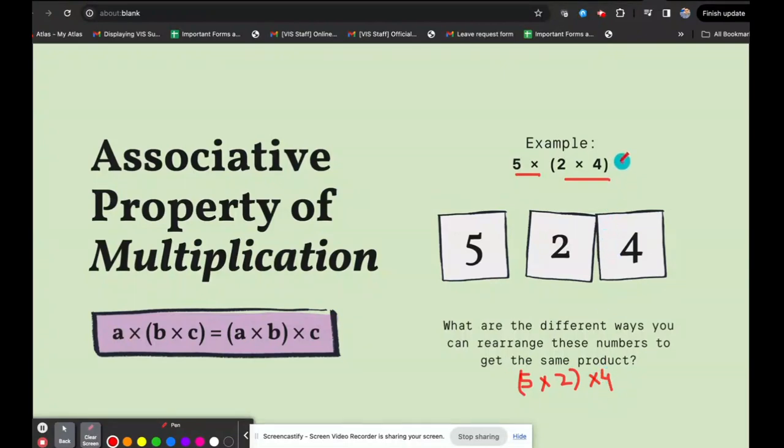Do we get the same answer? Let us check. 2 times 4 is equal to 8, and 5 times 8 is equal to 40. In this question, 5 times 2 is equal to 10, and 10 times 4 is equal to 40. It means that if we change the grouping of numbers in multiplication, the answer will remain the same.